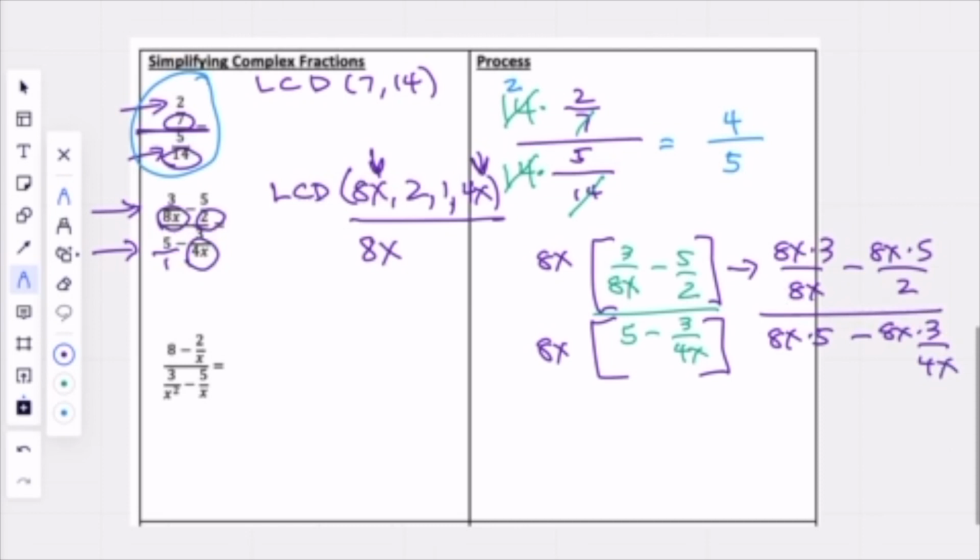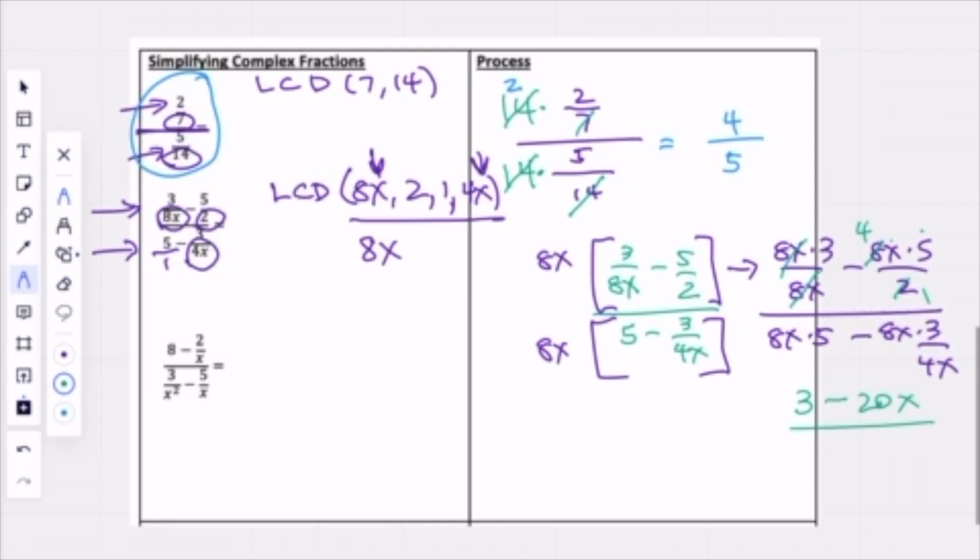Okay, so let's clean it up a little bit because this is not so bad once it's cleaned up. 8x divided by 8x is 1, so that part just becomes a 3. And I can simplify this 8 and this 2 to 4 over 1. So that just becomes 4 times x times 5, which is 20x. Well, that's a lot nicer already.